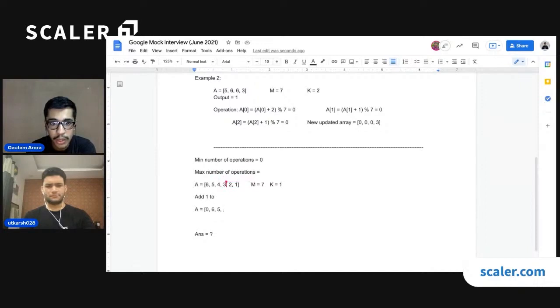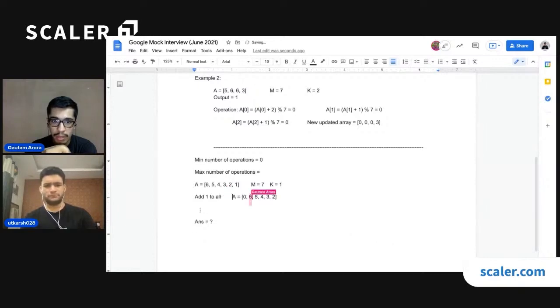Now the question arises, should I add 1 to 3 or not? Let's say we add 1 to 3 as well. Okay, let's try adding 1 to each and every element. What it can become is 0, 6, 5, 4, 3 and 2. Now the array becomes 0, 6, 5, 4, 3, 2.